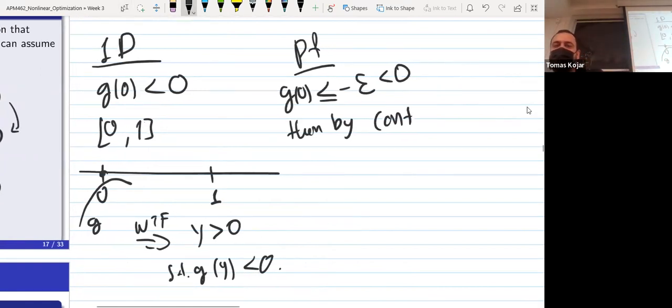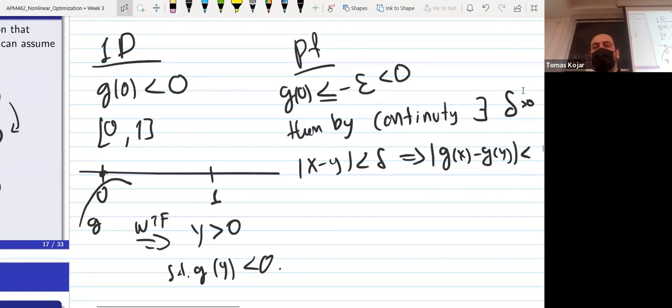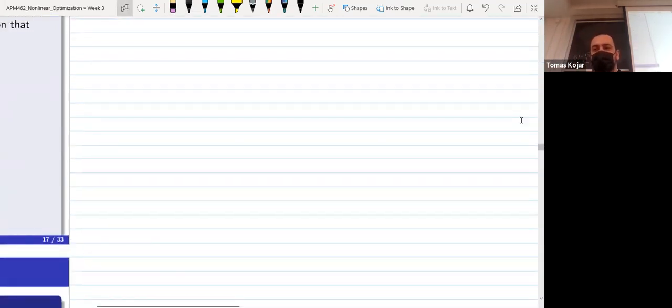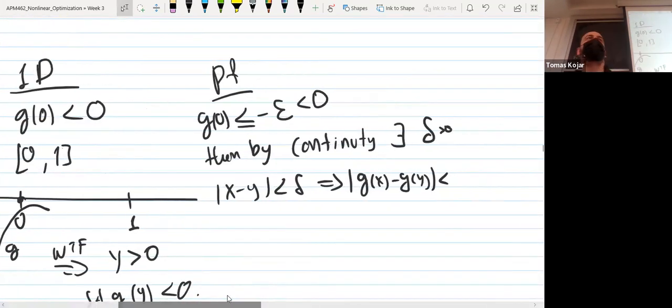Then by continuity, there exists delta positive, so that if x minus y is less than delta, g of x minus g of y is less than epsilon over 2.